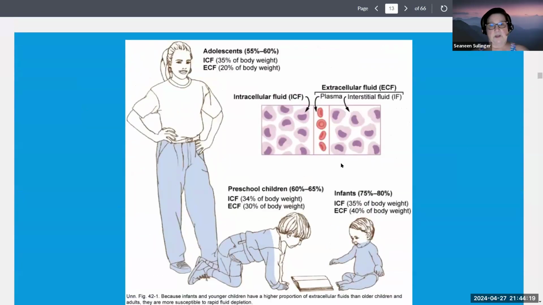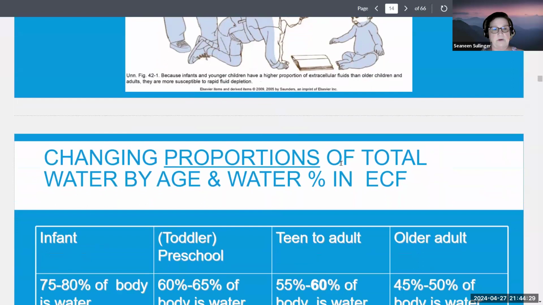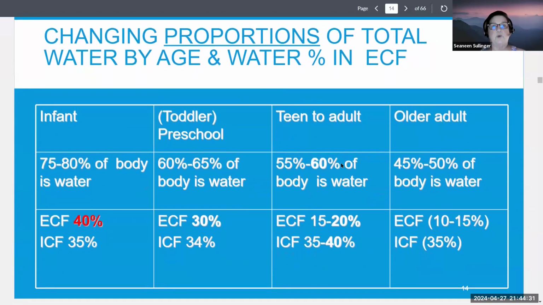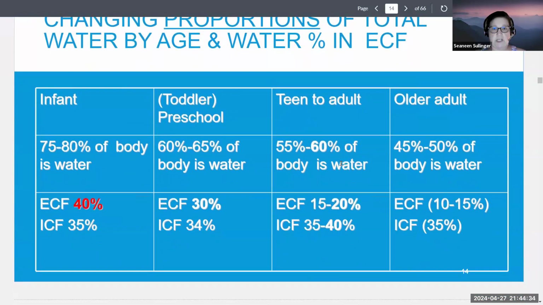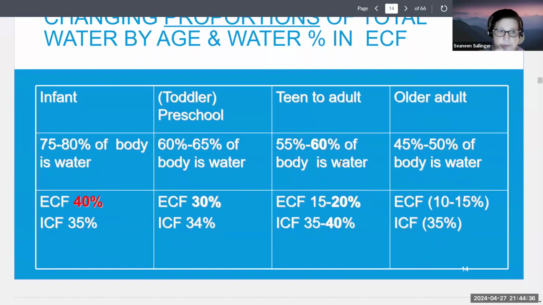And then when we talk about how the body changes in terms of extracellular and intracellular fluid, it changes. I think the next slide is a better one here. So this is proportions of total water by age and percent of extracellular fluid.